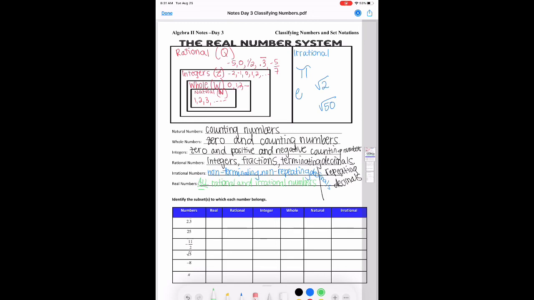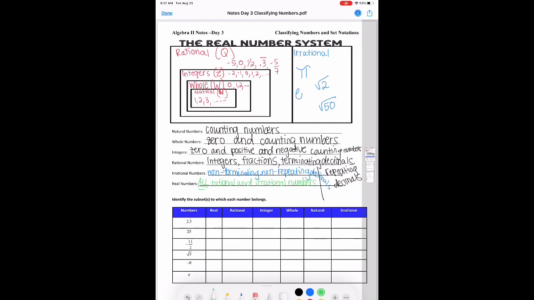Okay, and so real numbers, it's all of these that we've discussed so far. You're probably like, well, do we not have real numbers? That we don't. We actually do have numbers that are called imaginary numbers. And they're pretty cool. So we'll work with those a little bit later in the year. But yes, there are numbers that are not considered real.